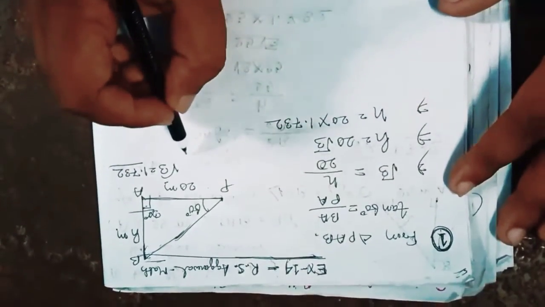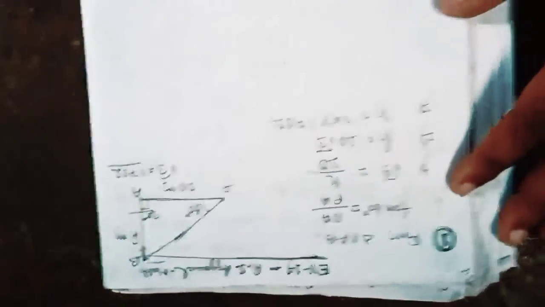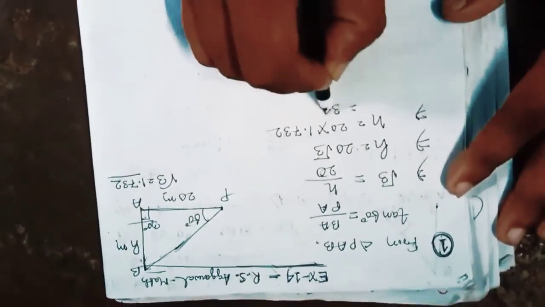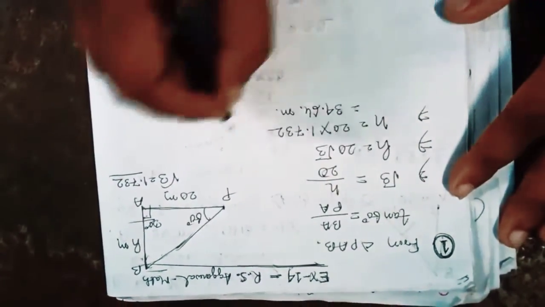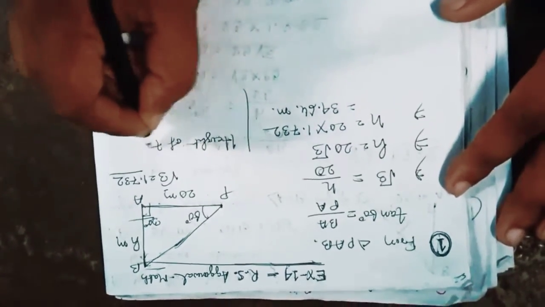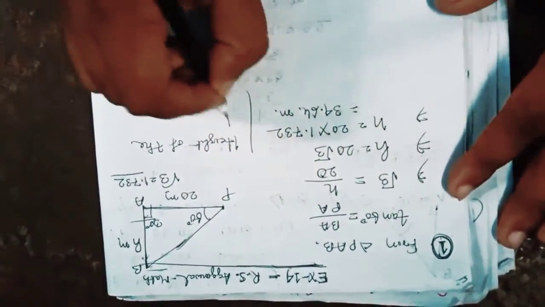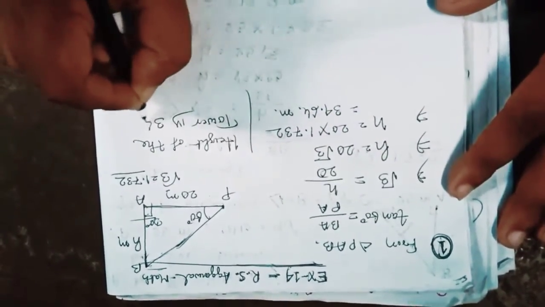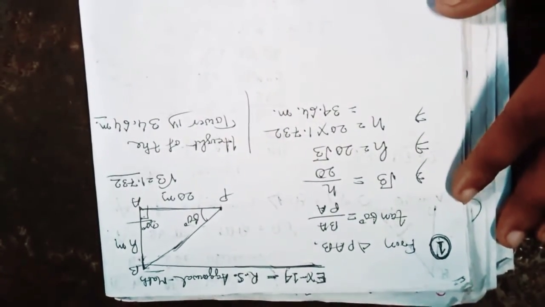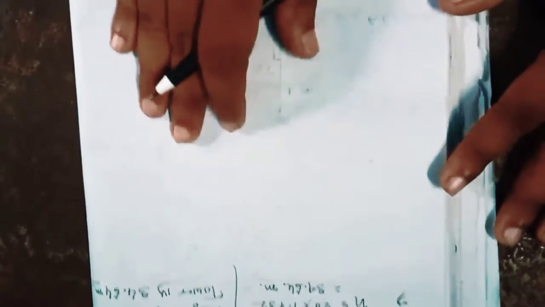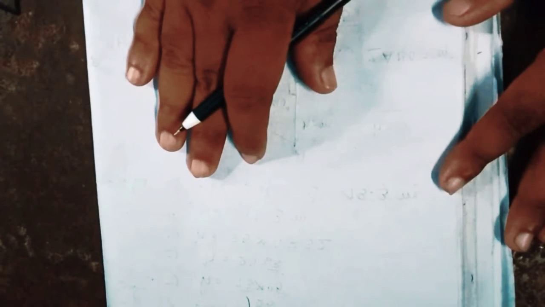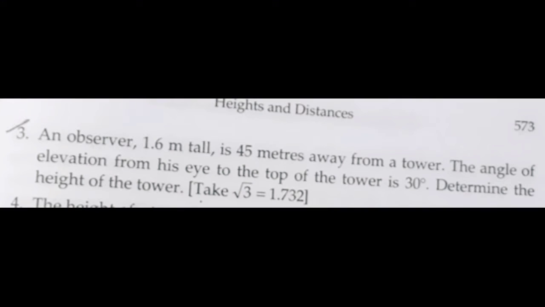If we do the calculation, we are getting the value, this is equal to 34.64 meters. So the height of the tower is 34.64 meters. Next, let us move to another question. So next come to question number 3.